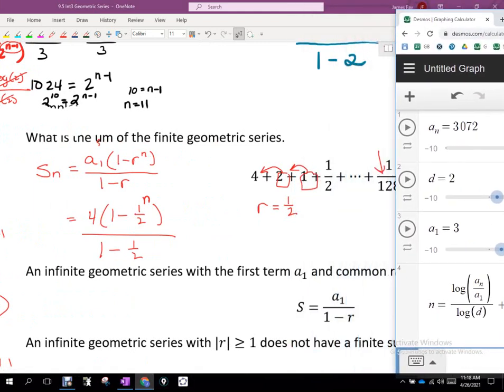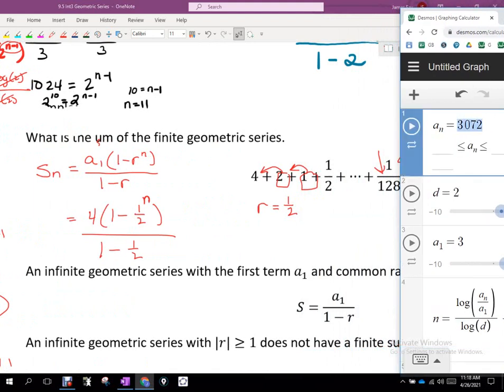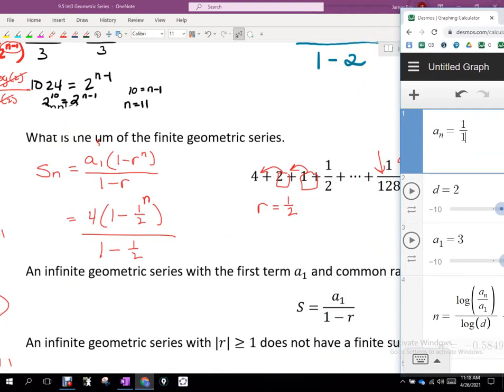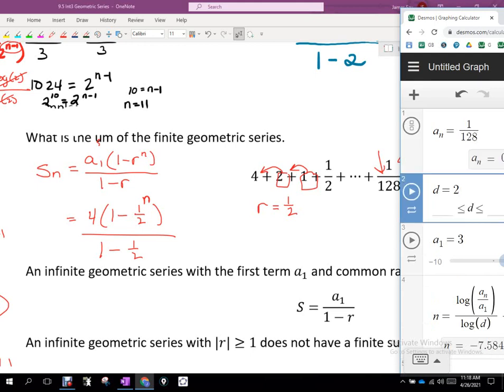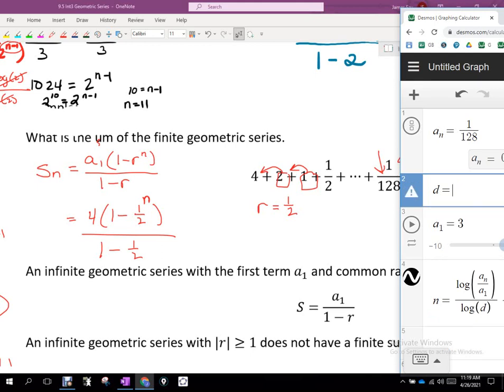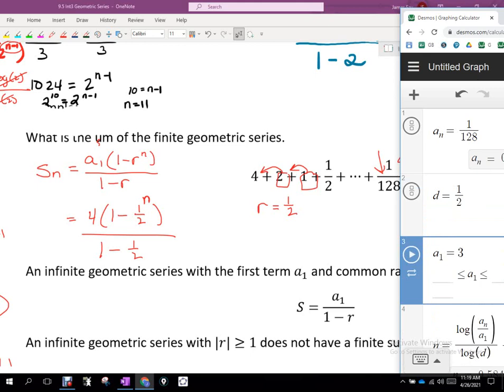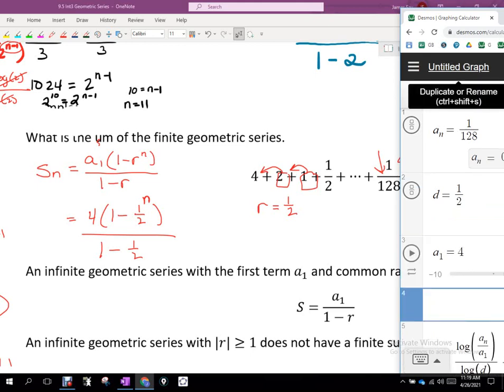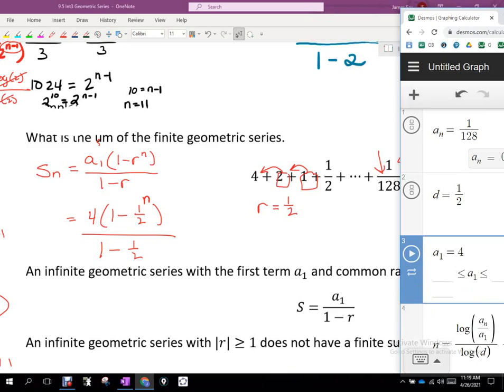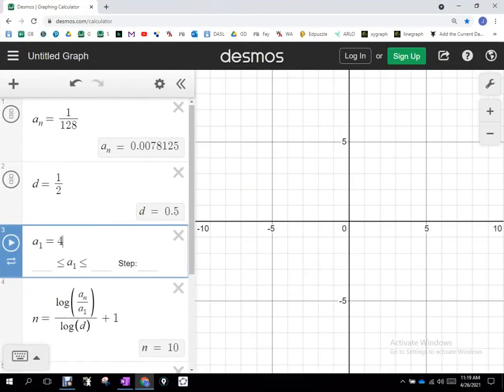So what I do is I type in right here, a sub n, that's the last term, so 1/128. The difference, so it's the ratio. Because it didn't let me use R, I got to use D here. So I'm going to use 1/2. And then I got to type in my first term, which was 4. If I type in all those things correctly, see what it spits back to me. It spits back n is 10.